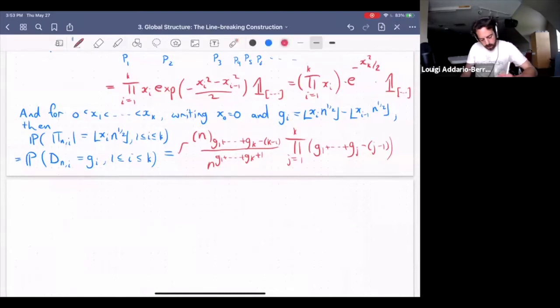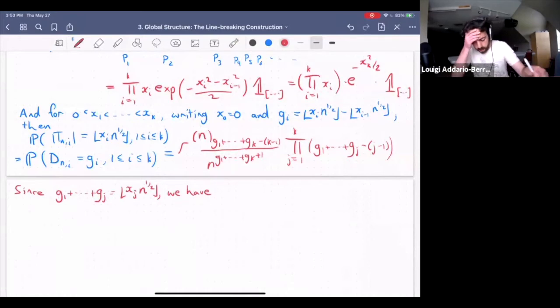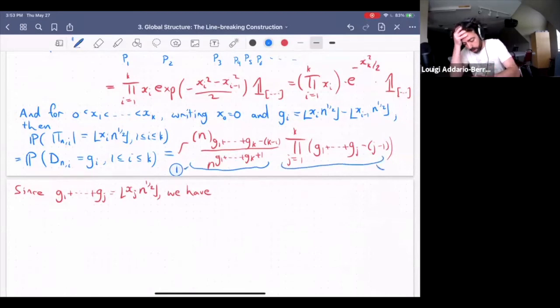Since g1 plus gj is just telescoping, this gives us xj n to the half. Then let me do this in two pieces. Let me call this thing 1 and this thing 2.